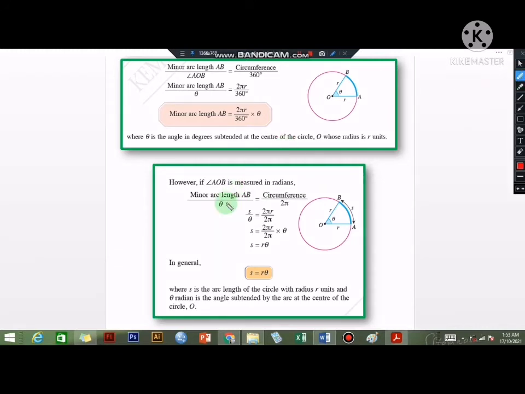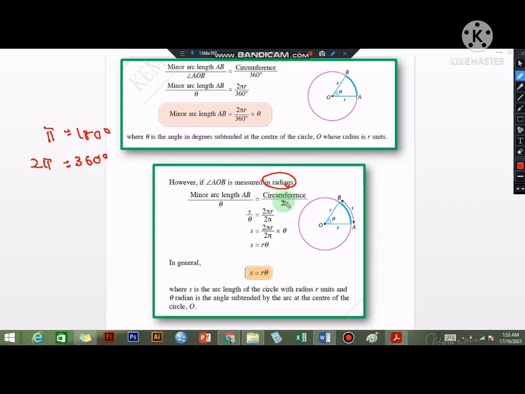Minor arc length AB over theta is equal to circumference over 2 pi. Why 2 pi? Remember pi is equal to 180 degrees. If 2 pi, then 2 times 180, so it will become 360 degrees, which is in unit radian.